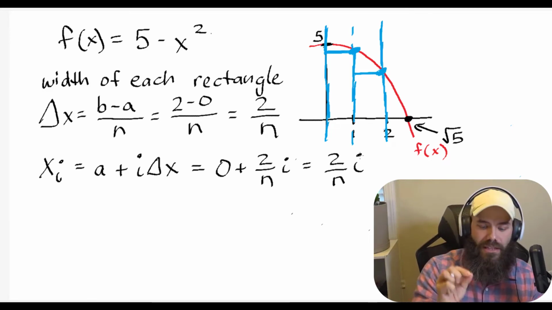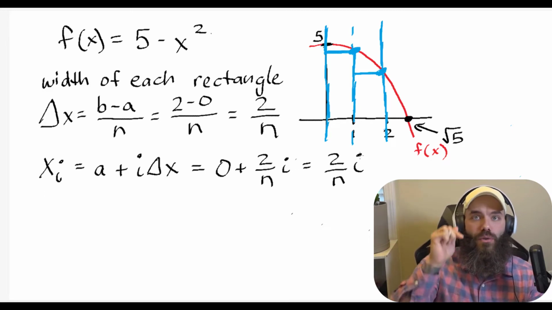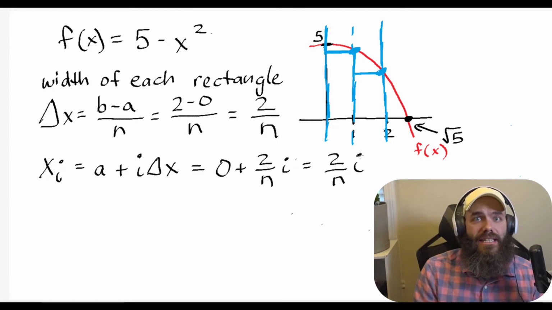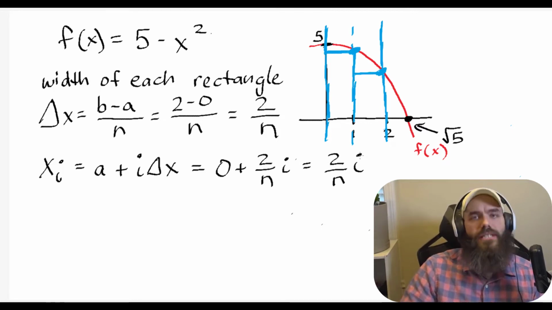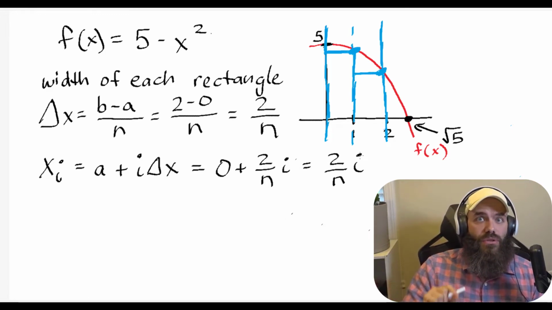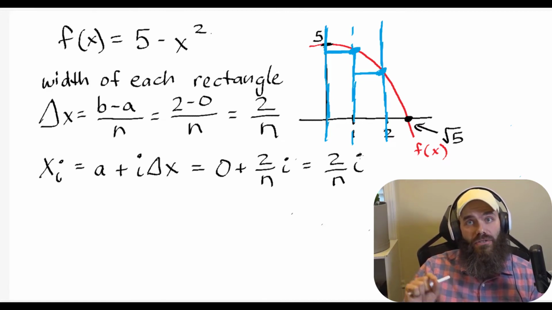Okay, so each of those increments, 2 over n i, is going to represent the right endpoint of each of my subintervals. The idea is, if we take, say, 2 rectangles like I have sketched in the picture, find the area of both of those rectangles and add those areas together, that gives me an approximation of the area under the curve.